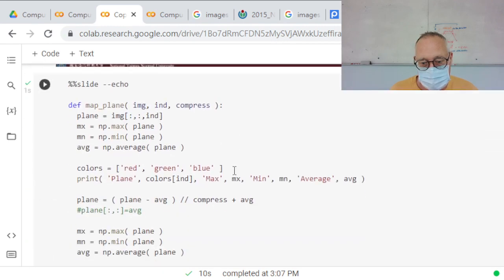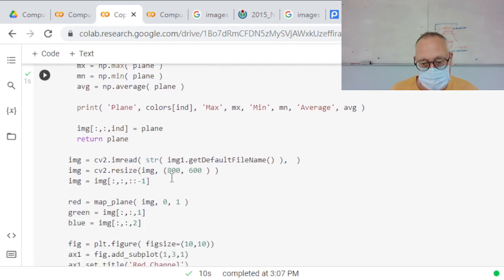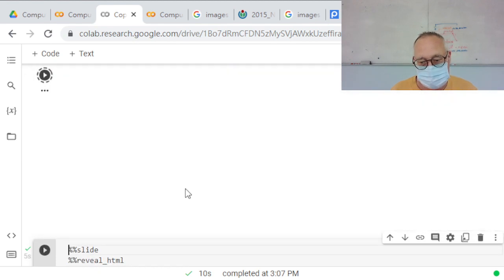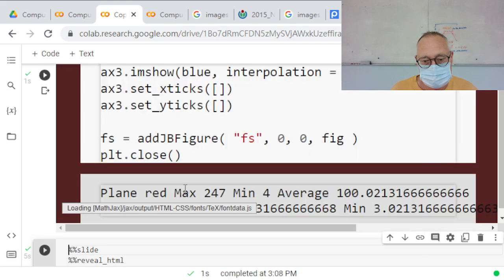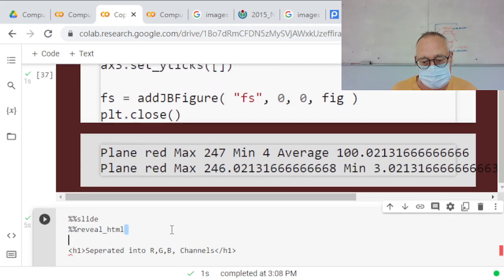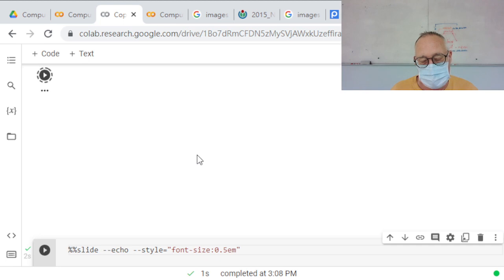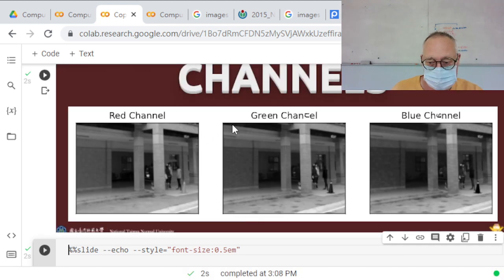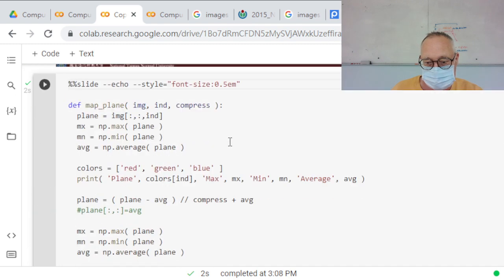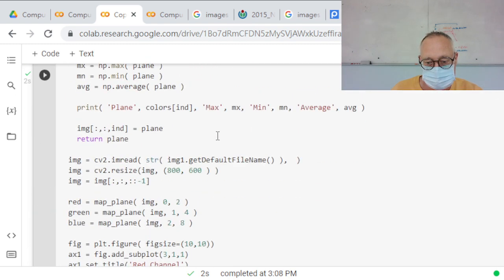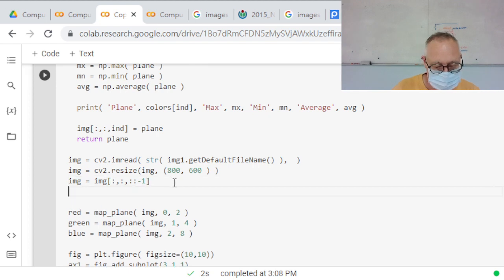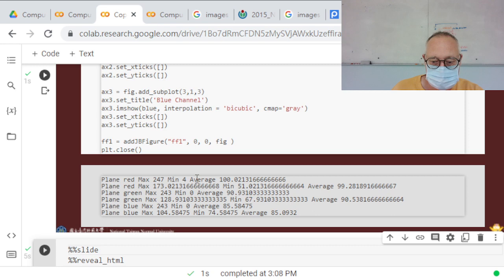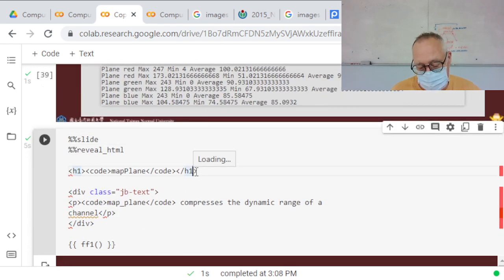So we zoom in, we implement our function to map, separate it into RGB channels, and compress the various channels.